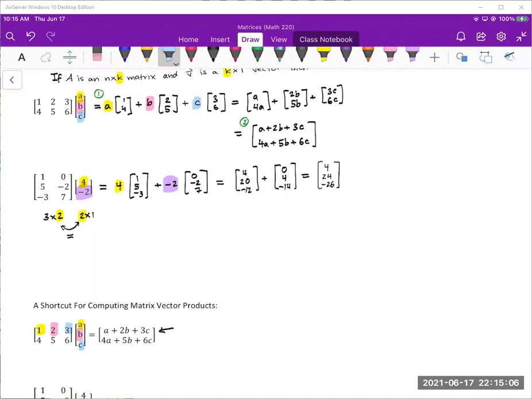The first entries get multiplied together, the second entries get multiplied together, the third entries get multiplied together, and then we add it all up.